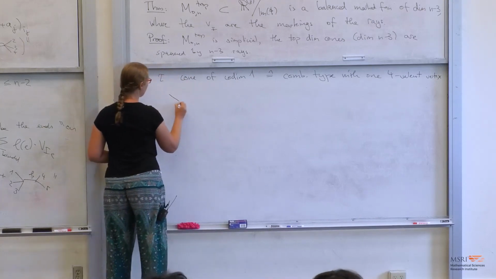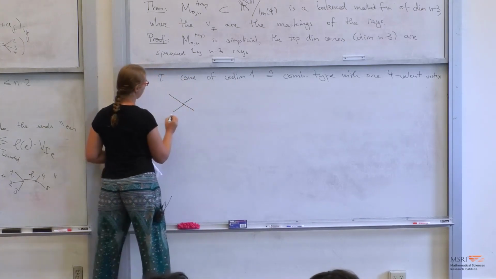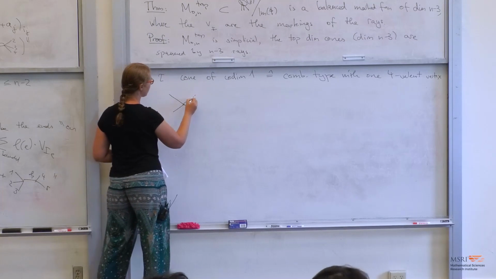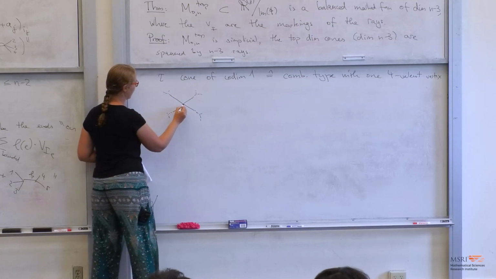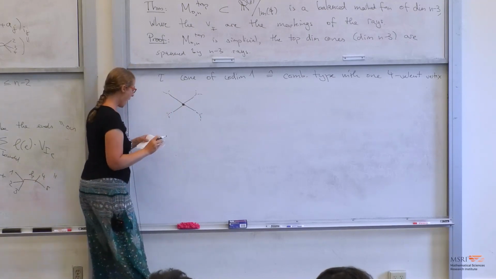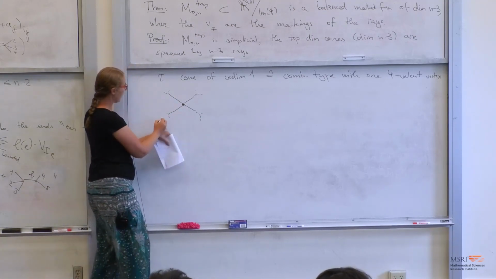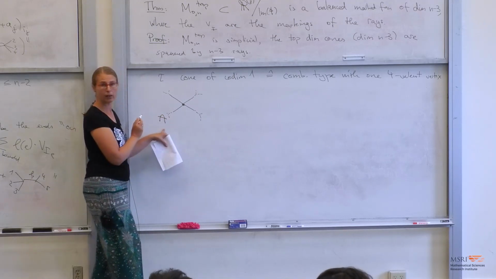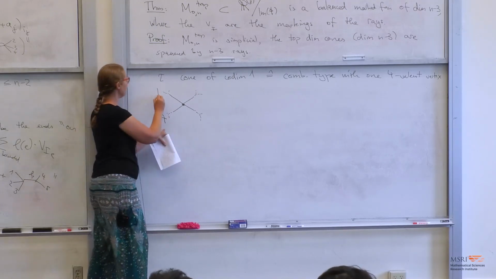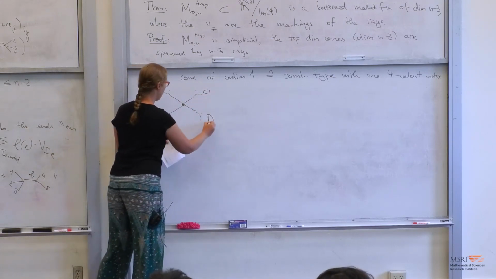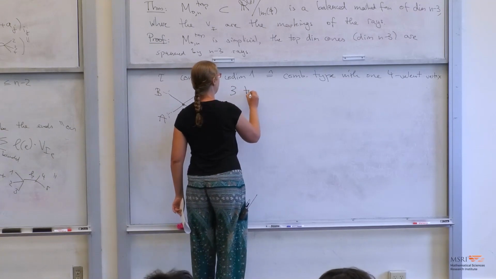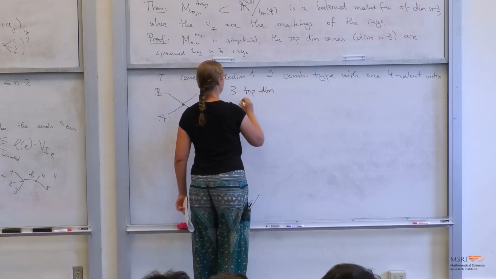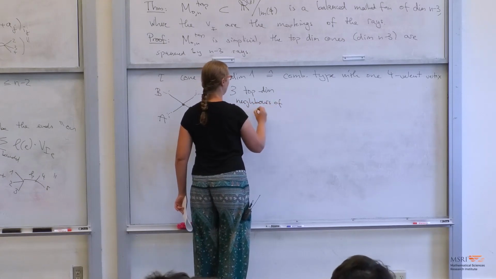So here's a local sketch of how this tropical curve looks. Here's a 4-valent vertex, and then this thing continues somehow, but I don't care. This is my 4-valent vertex. And I label the ends that I can reach via each edge as subsets A of 1 up to n; these are the A's, B's, C's, and D's. There are 3 top-dimensional neighbors of tau.